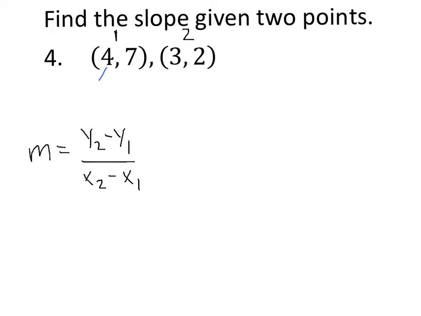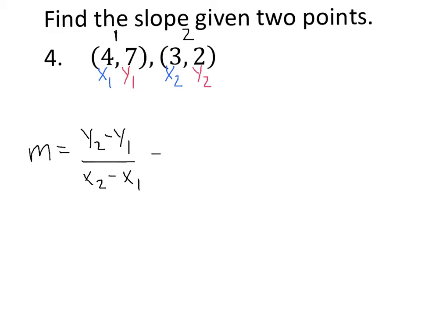This is my x1 because it's part of my first set of numbers and it's my x value, and this is my y1 because it's part of my first set and it's my y value. Then this is my x2 because it's part of my second set, and this is my y2 because it's part of my second set.